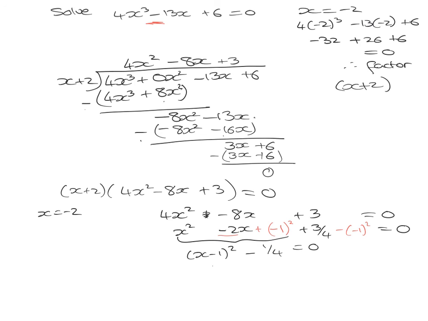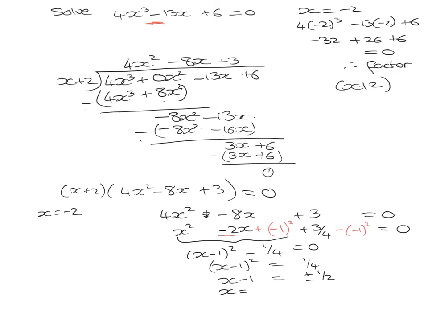Now we take the quarter over, so you've got x minus 1 squared equals 1/4. Square root both sides, so x minus 1 equals, now the square root of 1/4 is 1/2, so plus or minus 1/2. So you can square root the top, which is 1, square root the bottom, which is 2, but don't forget the plus or minus.